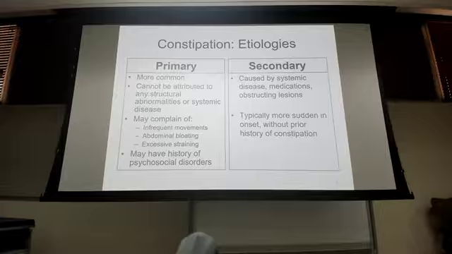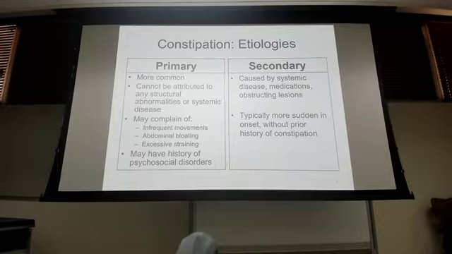Secondary etiologies is something else, right? Just like with dyspepsia, sudden onset in an older adult, red flags should go up. If it's sudden constipation in an older patient, rule out malignancy. Work them up. Review medications, right? Certain medications we know and you've been taught lead to constipation. Verapamil is a huge one.